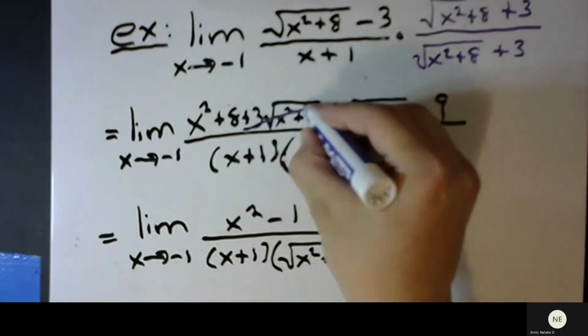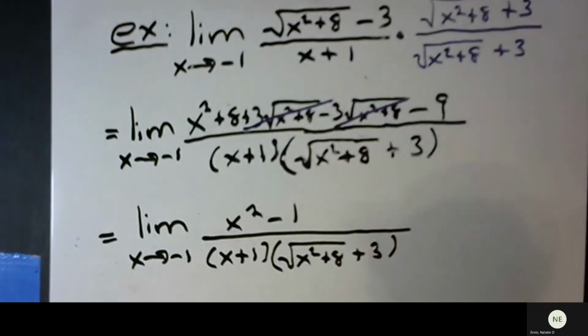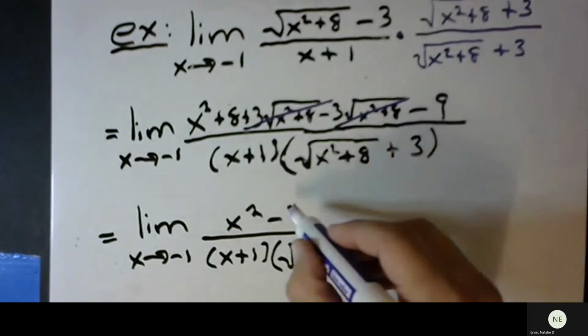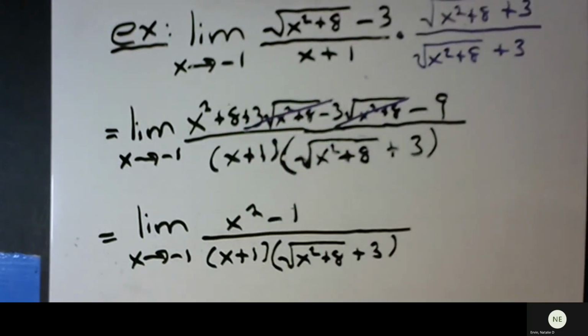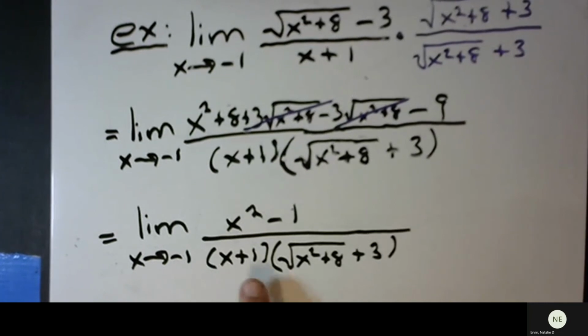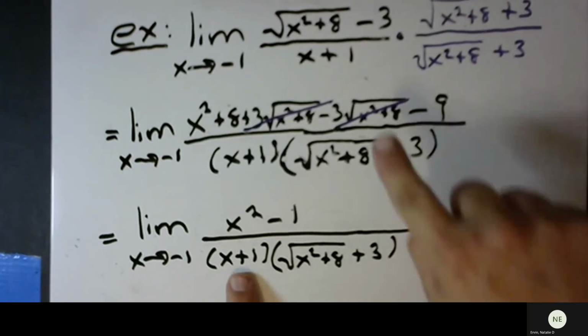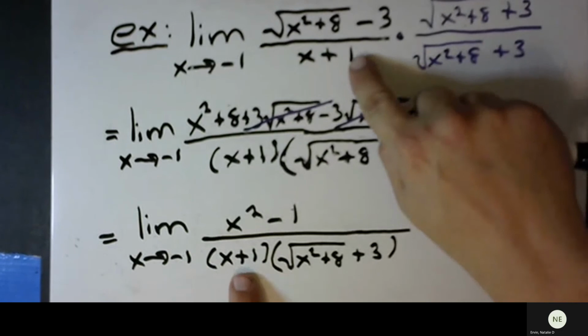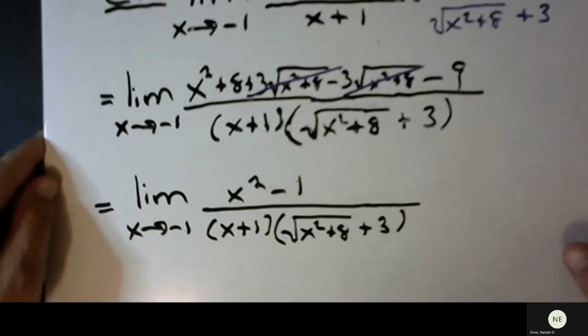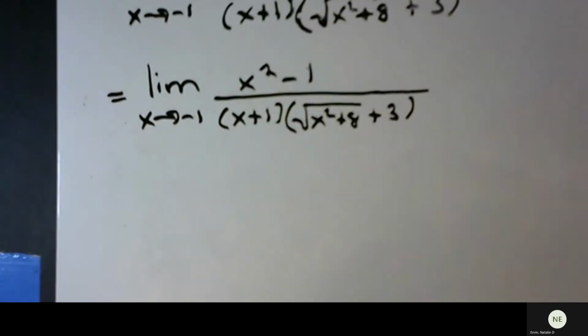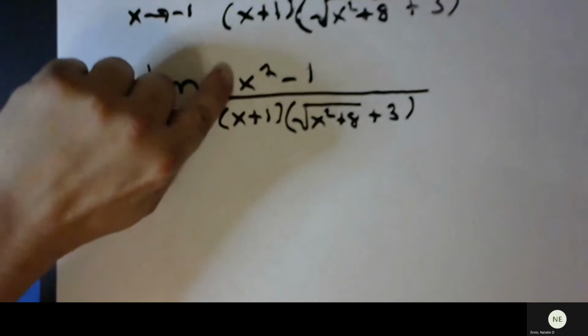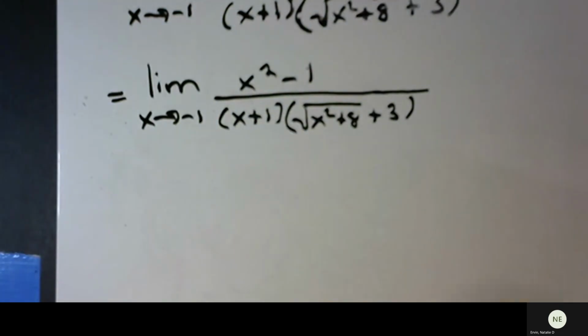So these are going to cancel. We'll get 8 minus 9 is negative 1. And again, the reason I'm not going to FOIL the bottom here, because at first it might not seem why not? We FOIL the top, why not FOIL the bottom? Again, we want this to cancel out because this is the problematic term. So we're going to keep that term around. And hopefully we get something in the numerator that's going to cancel out with it.